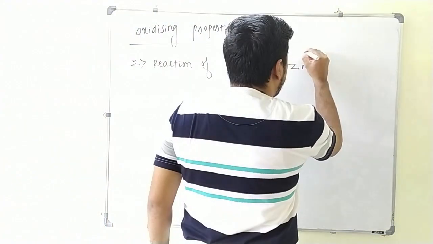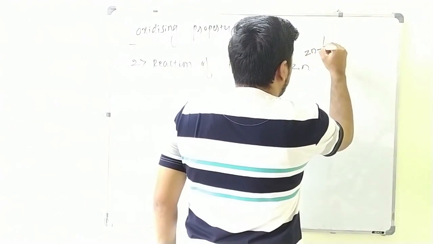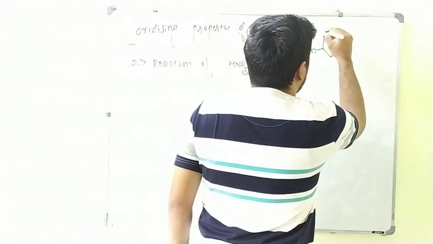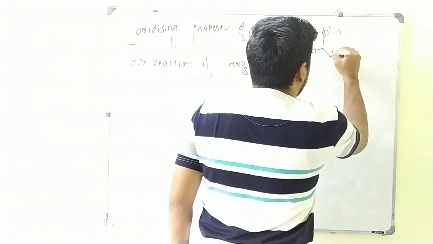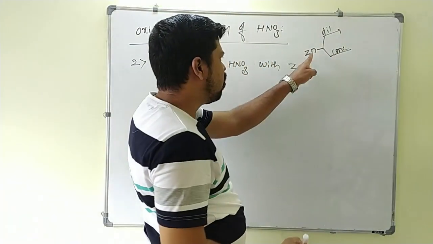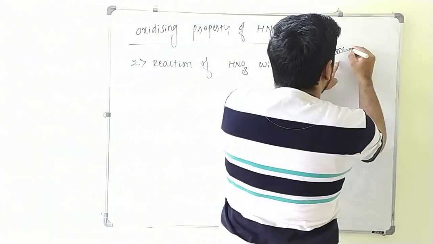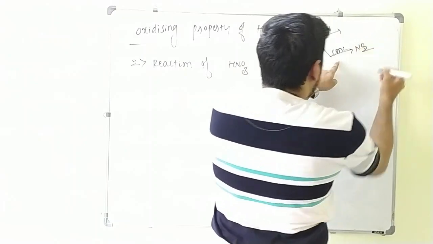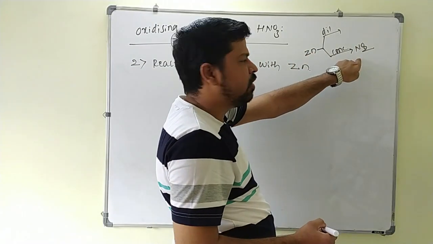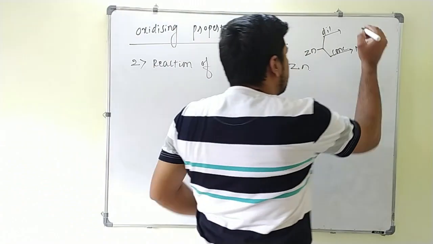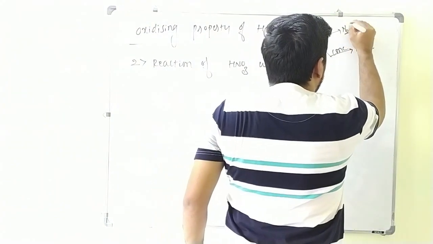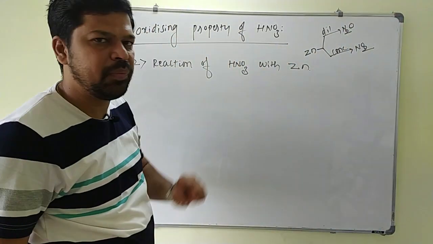You always keep in mind zinc with dilute HNO3 and concentrated HNO3. With the concentrated HNO3 it gives NO2 gas. Always keep in mind, with concentrated HNO3 it gives NO2 gas. With dilute HNO3 it gives N2O gas. This one you keep in mind first.